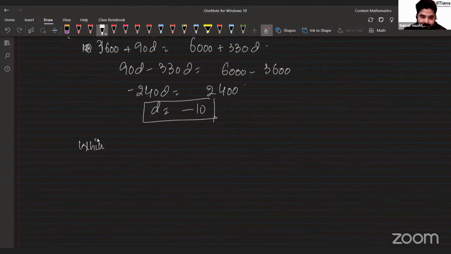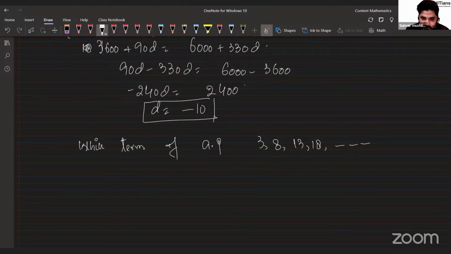Which term of the AP 3, 8, 13, 18, and so on is 78? You have to directly find n here. Easy.